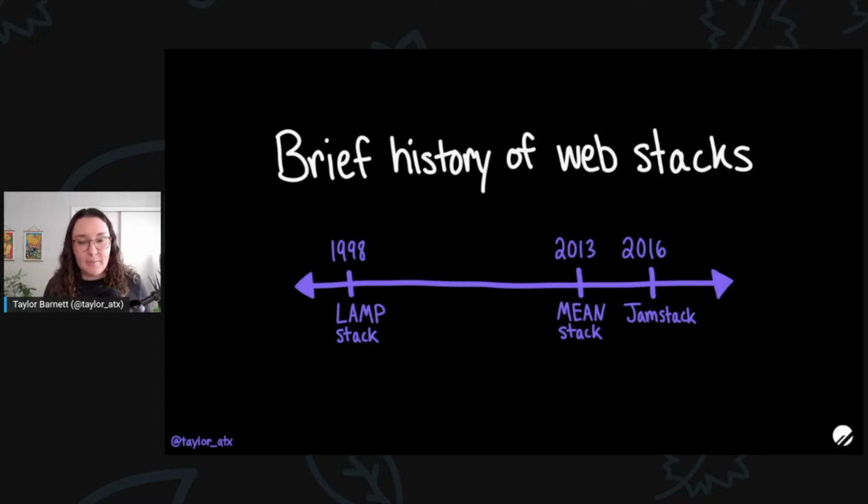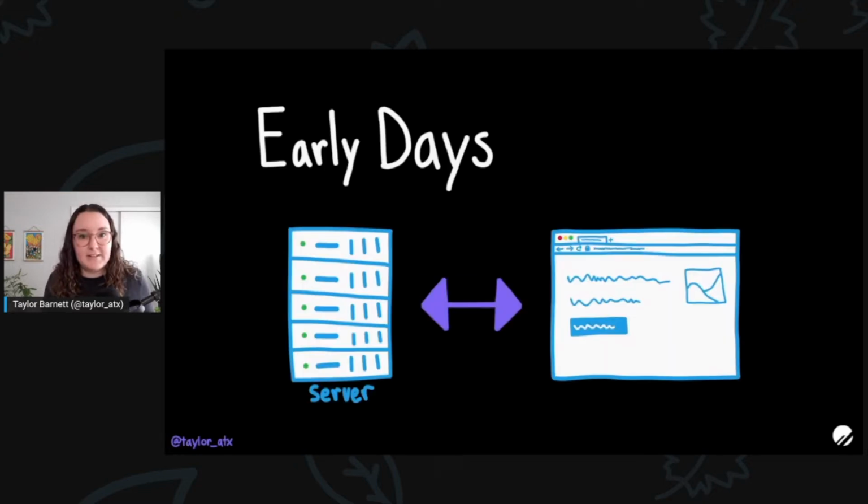That's Linux, Apache, MySQL, PHP, and sometimes Perl or Python. Later came MEAN stack, which was Mongo, Express, the JavaScript library Angular, and Node for the backend. And then came Jamstack. But how did we get from each of these places?